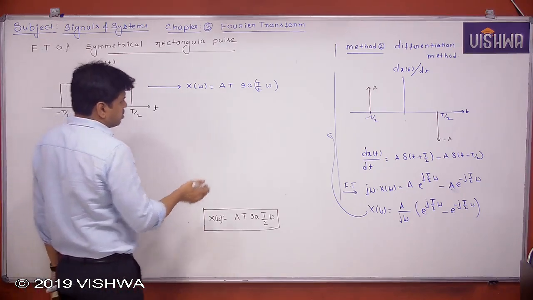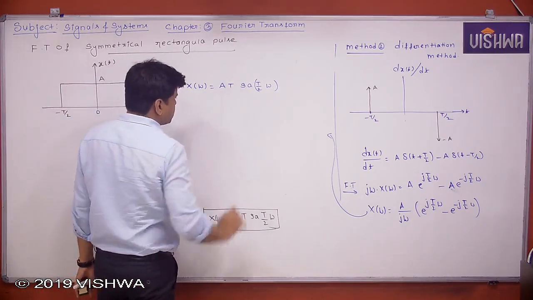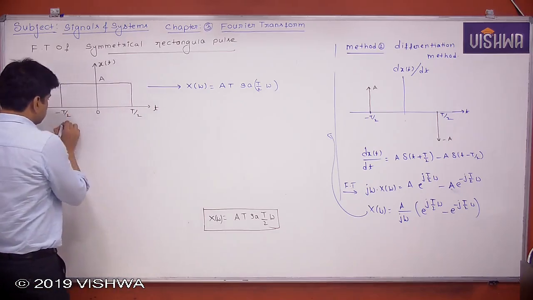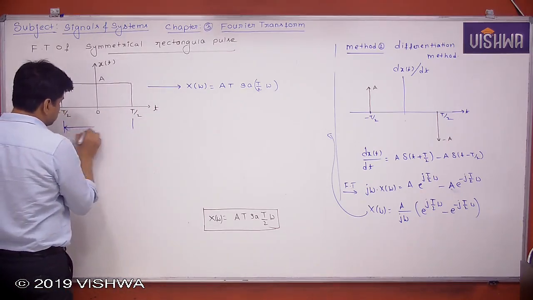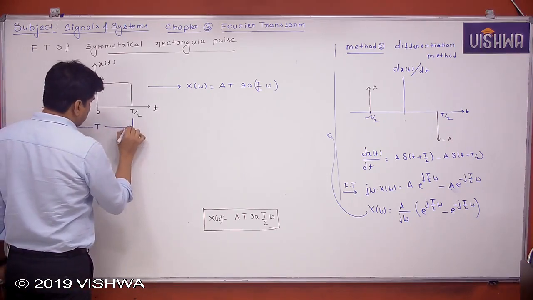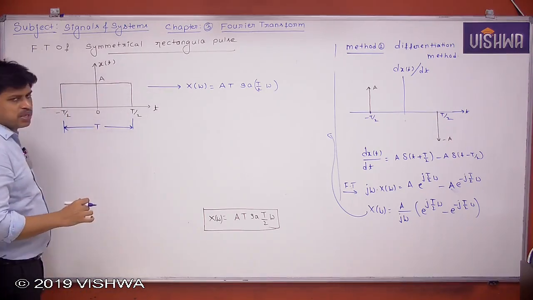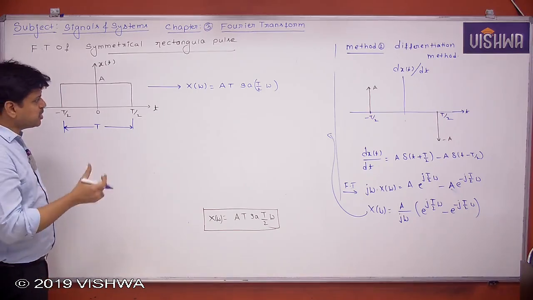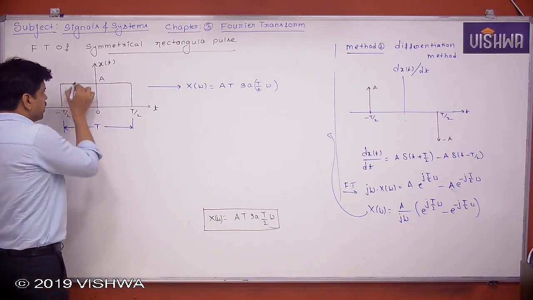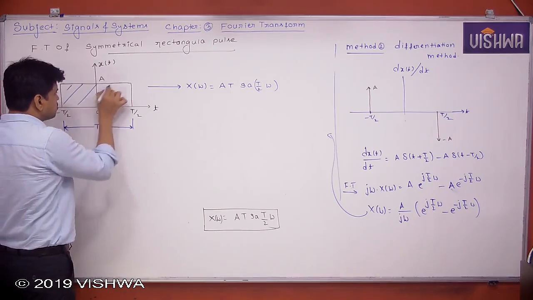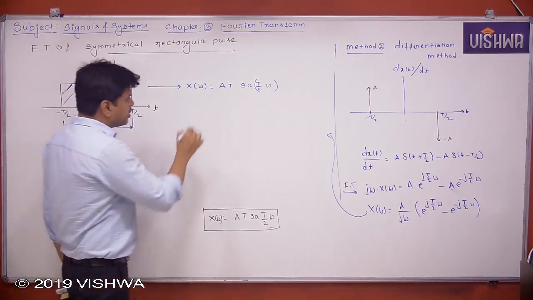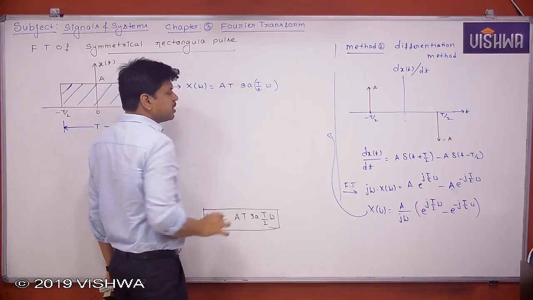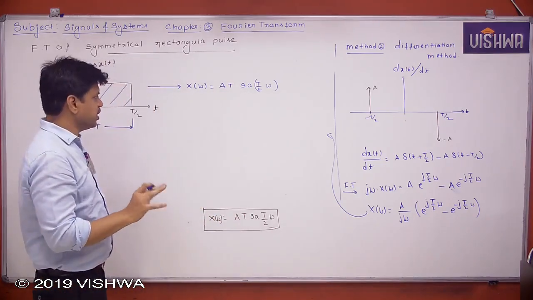First you have to understand what A multiplied with T is. The width of the signal is nothing but T, and the height of the signal is nothing but A. Then A multiplied with T represents the area under this rectangular pulse. So I can write AT as the area under the rectangular pulse, or simply area.